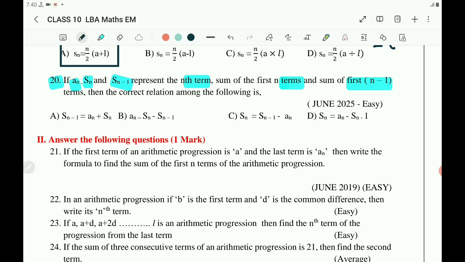You must know this formula. a_n equals S_n minus S_(n minus 1). If you know the formula directly, you can recognize the answer. So here option B is there. a_n equals S_n minus S_(n minus 1). Option B is the answer.